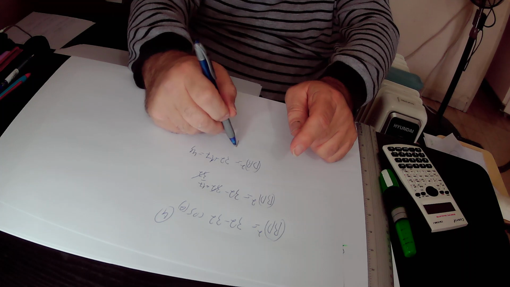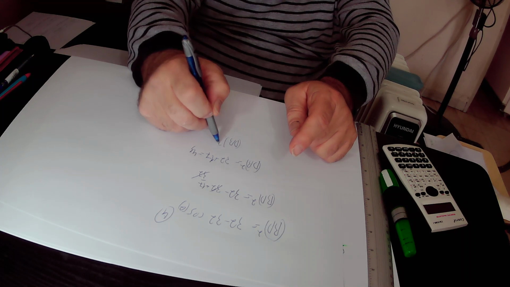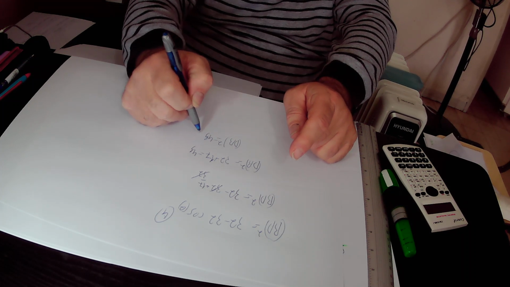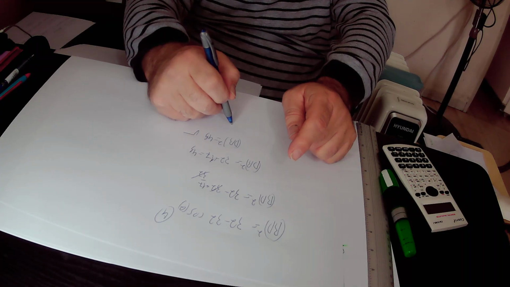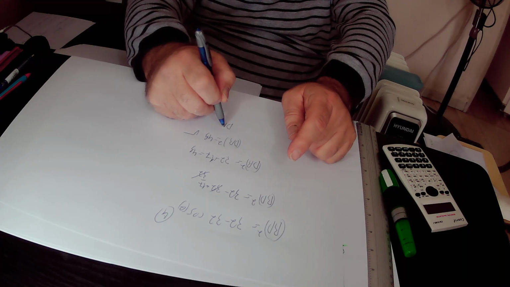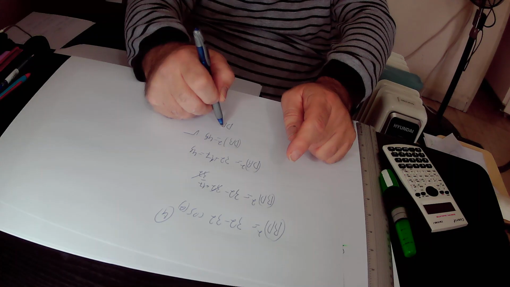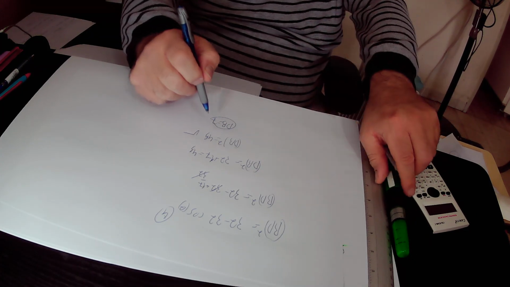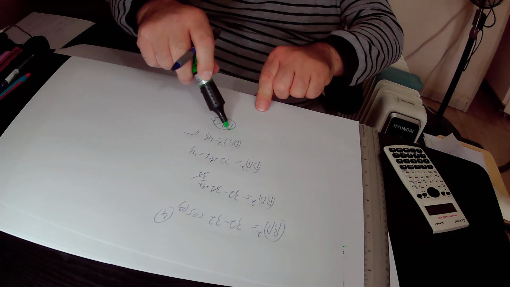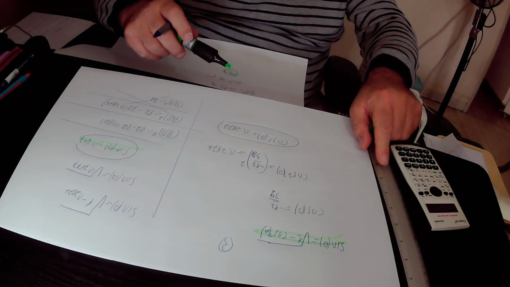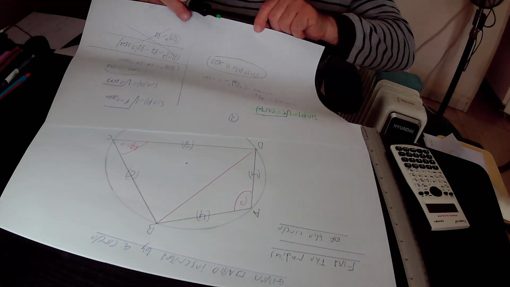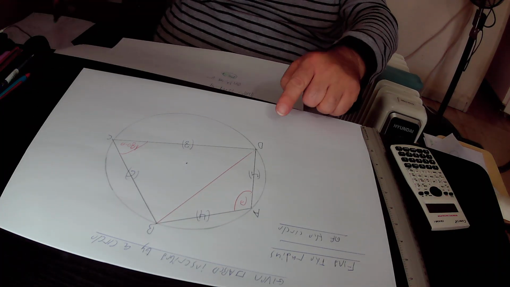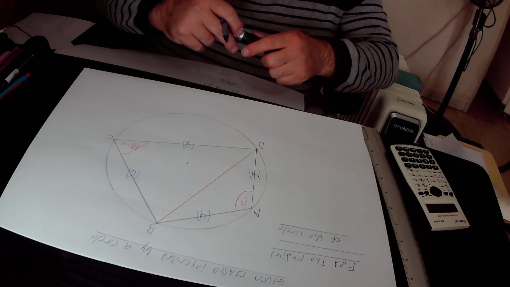So BD square equals 49. Here BD is equal to the square root of 49. So in total, we found out that the length of this side BD is equal to 7 units.